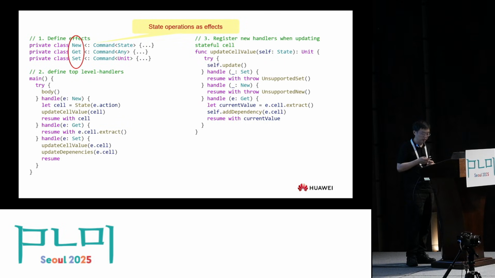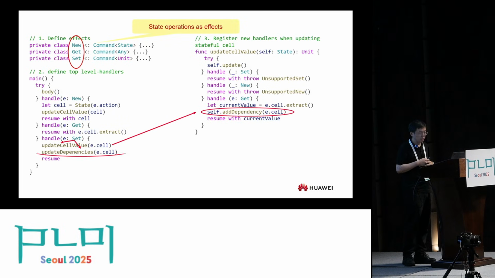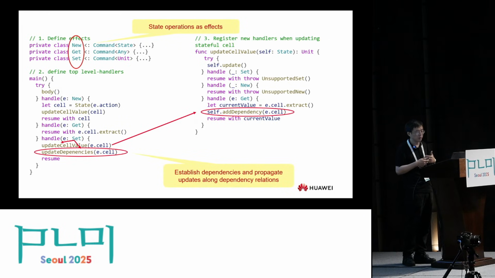And in this try block, we may access the states. And in the handlers, what we do is actually checking the dependency relation. And also we propagate these state updates along these dependency relations to implement this reactive programming.